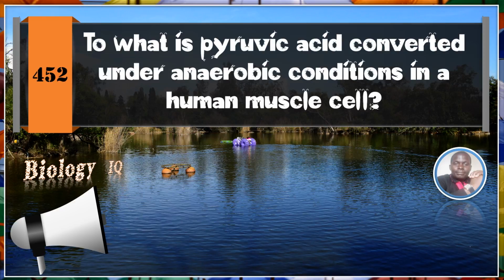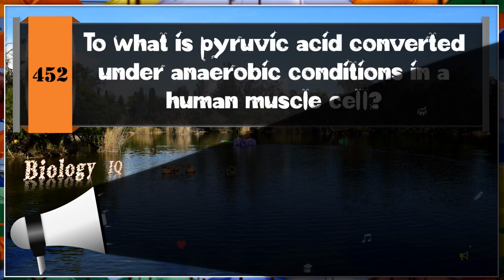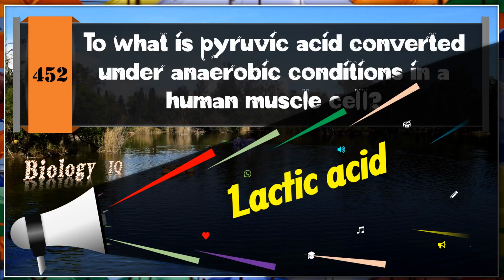To what is pyruvic acid converted under anaerobic conditions in a human muscle cell? Lactic acid.